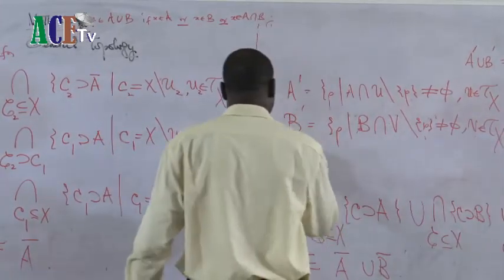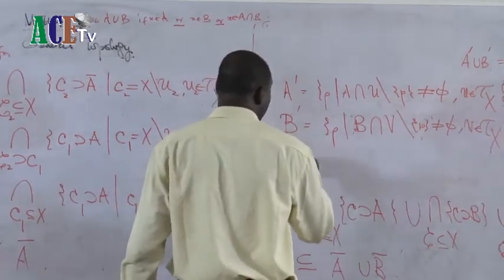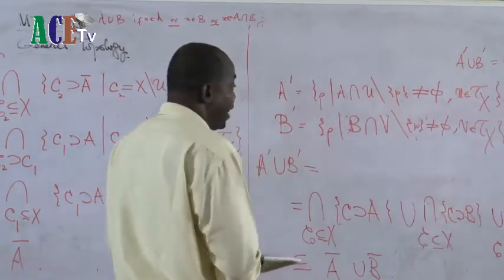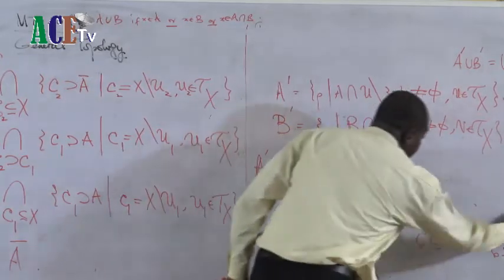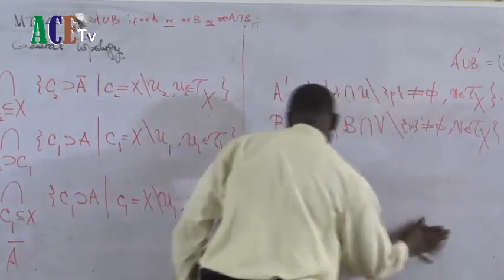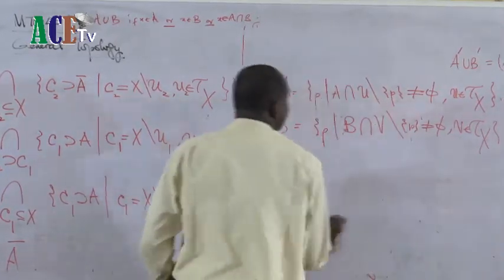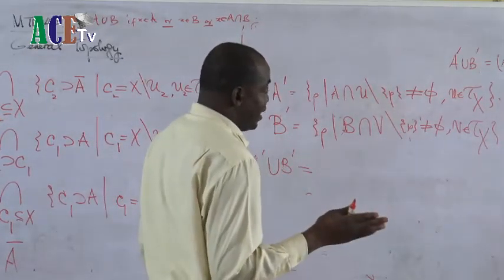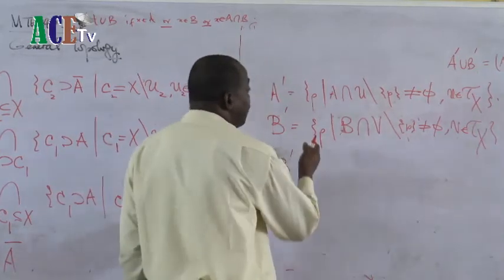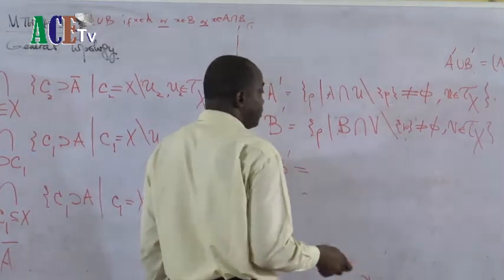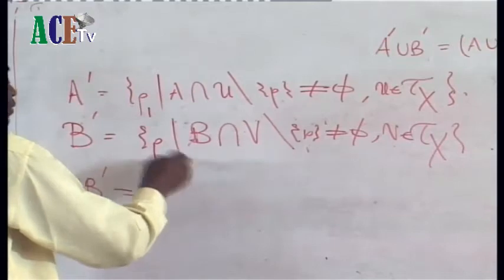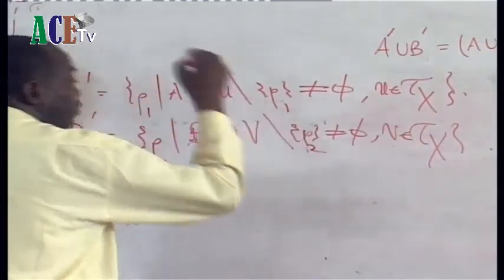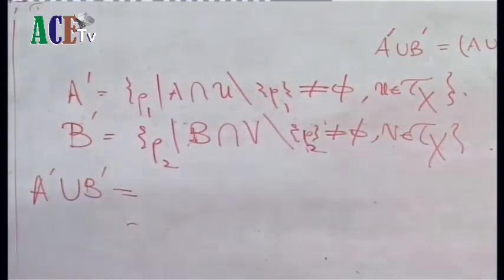The union of A prime and B prime, let me make this clear: it's not compulsory that the points here must be the same. You can have a different cluster point here, a different set of cluster points.